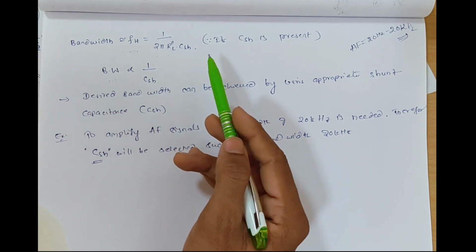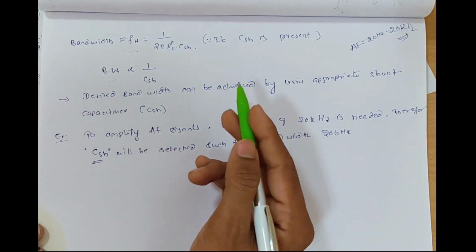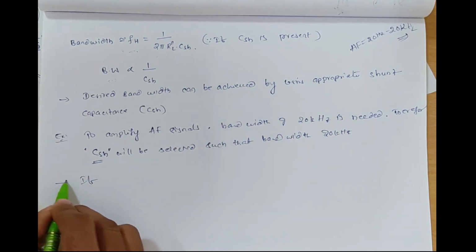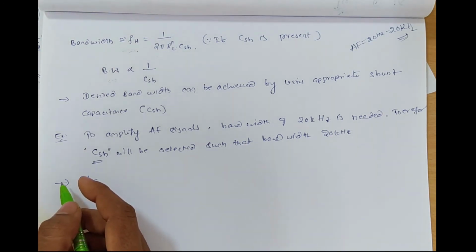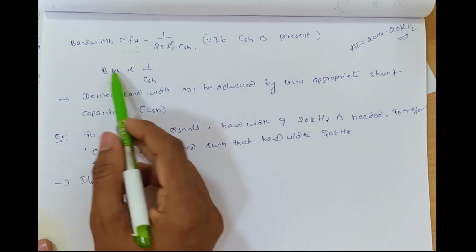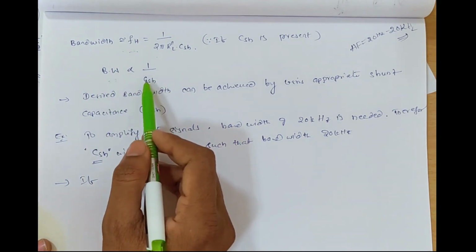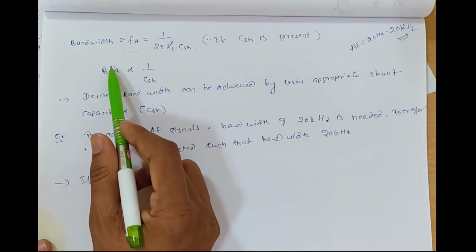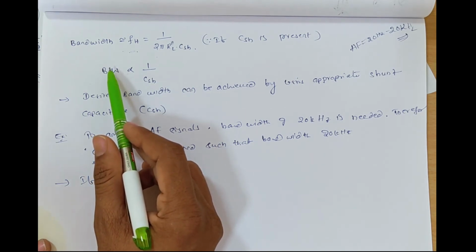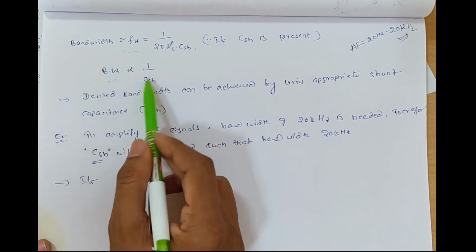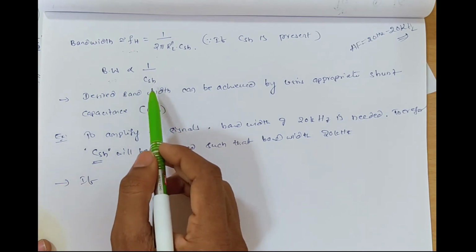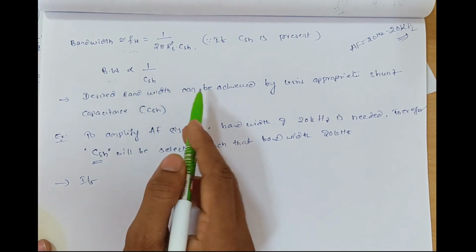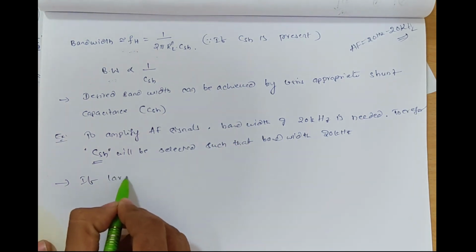How much shunt capacitance is required? If large bandwidth is needed, then shunt capacitance is not required. Why? Because this bandwidth is inversely proportional to the shunt capacitance. When we require a large bandwidth, that means in megahertz, then we can neglect this shunt capacitance. That means we can remove the shunt capacitance.